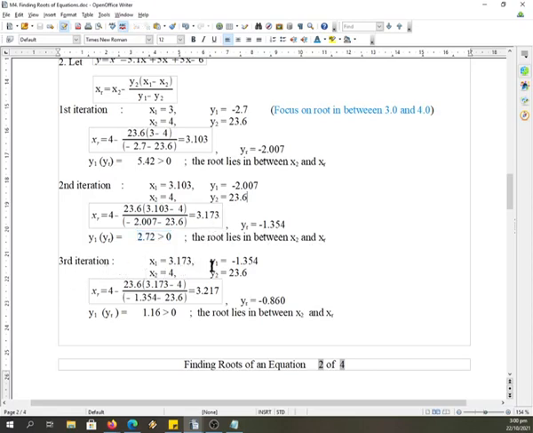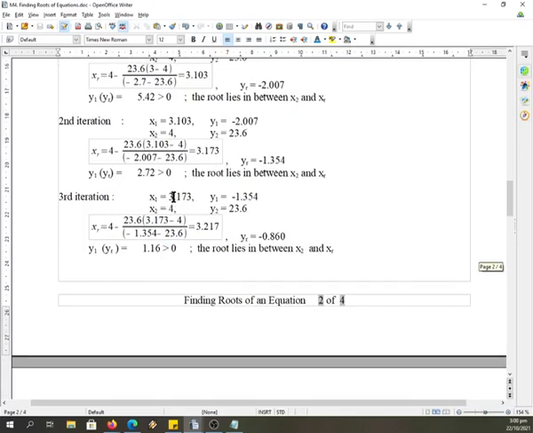Third iteration. Now we have, again, use the previous value from the last iteration, the second iteration. This becomes 3.173, we plug in the value of yr in y1, then retain x2 as being equal to 4 because of this condition.